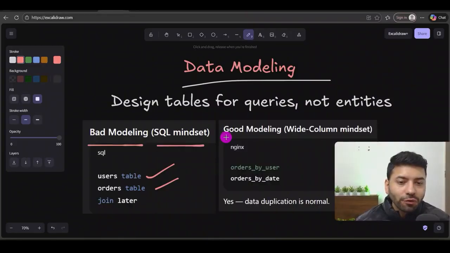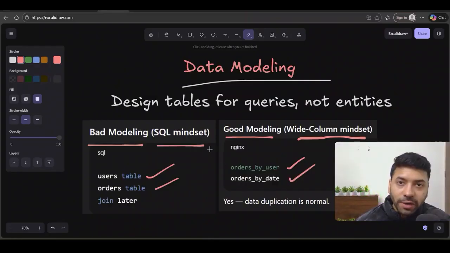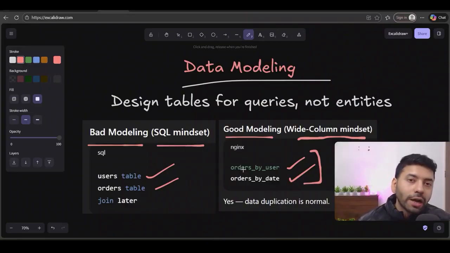This is an example of good modeling in terms of the wide column mindset. We have made orders by user and orders by date. Yes, there will be data duplication, and that is totally fine in a NoSQL wide column database. Because we are querying in this fashion, we have created the tables that way, so that queries are quite efficient and we can store everything together.